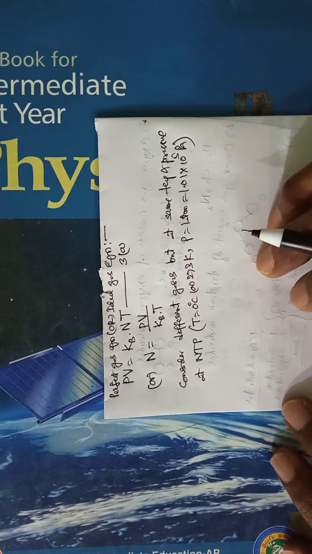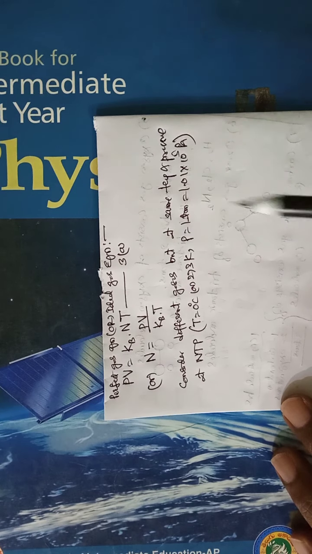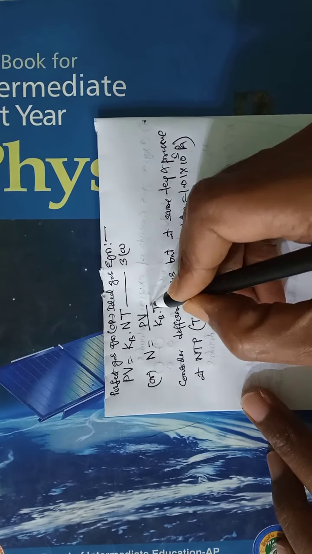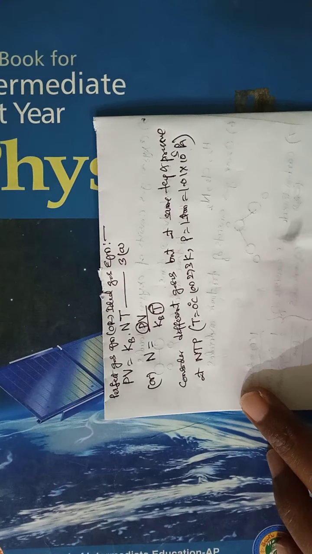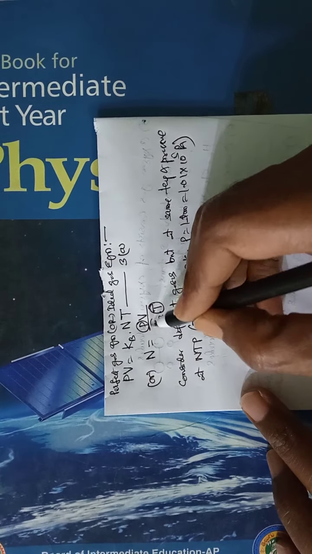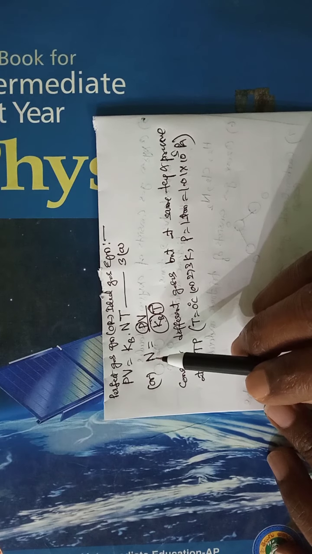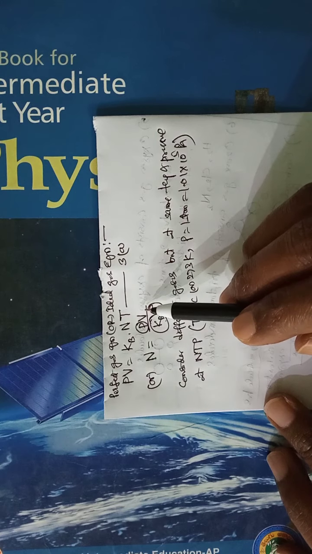So you are considering different gases at this temperature and pressure. Now temperature and pressure are fixed, and KB is a constant, this is also fixed. Now on the left hand side number of molecules and on the right hand side volume.